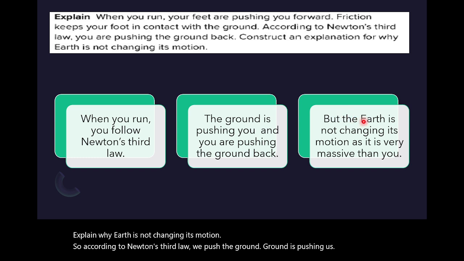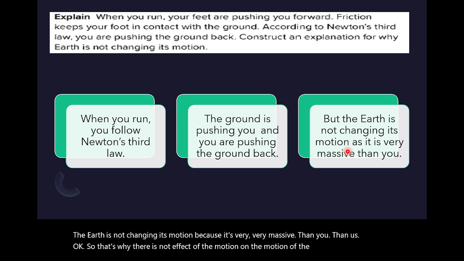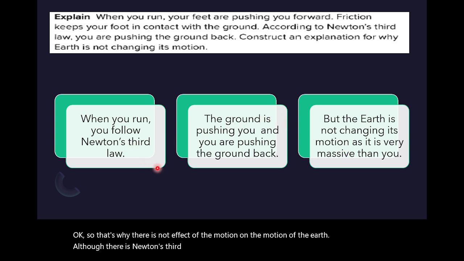But the earth is not changing its motion because it is very, very massive compared to us. So that's why there is no effect on the motion of the earth, although Newton's third law says every action has an equal and opposite reaction.